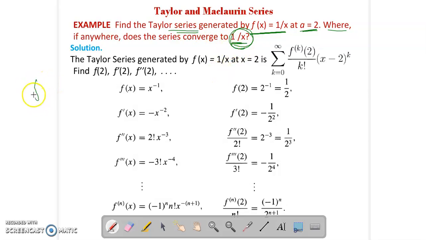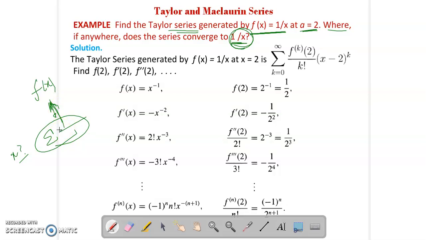So we are writing a Taylor series expansion for this function, and we are also asking for which values of x this series will actually converge to this function, right?